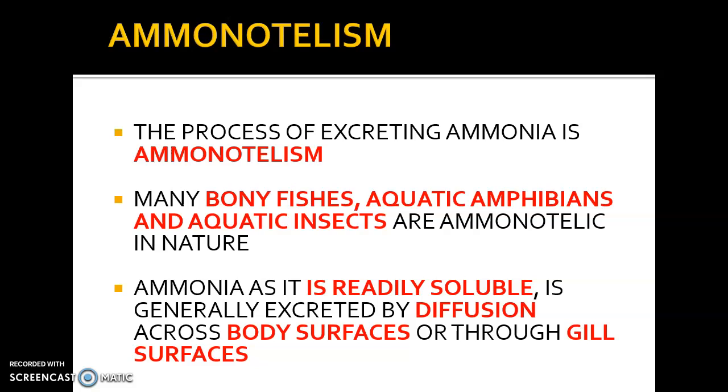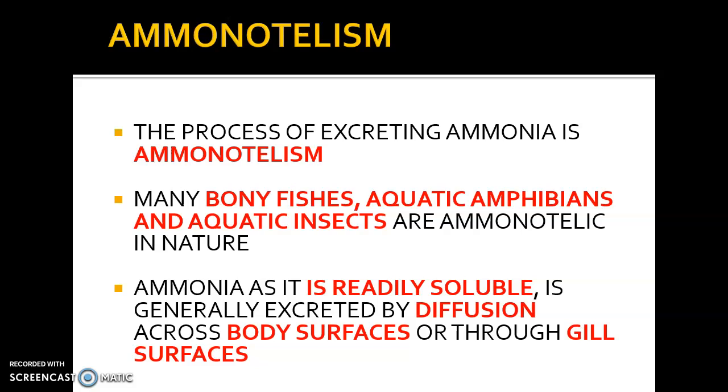Marine organisms, because the water is so saline, cannot make use of the same water, so we can't include marine organisms under ammonotelism. So many bony fishes, aquatic amphibians, and aquatic insects are ammonotelic in nature.